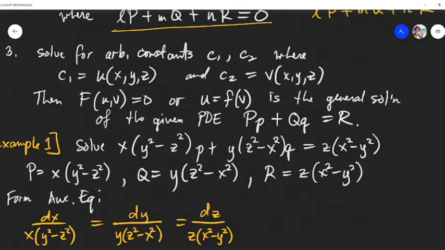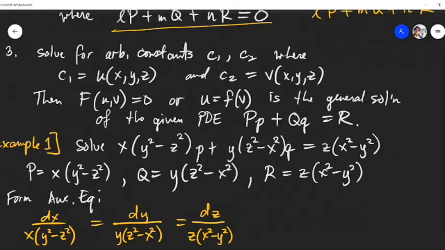So step 3 is we solve for the arbitrary constants, C sub 1 and C sub 2, where the first arbitrary constant will give our first solution, u of x, y, z, and the second solution would come from the second arbitrary constant, equal to v of x, y, z.